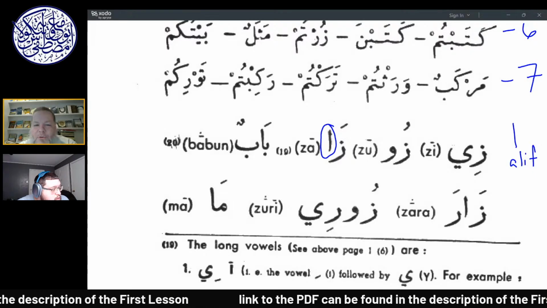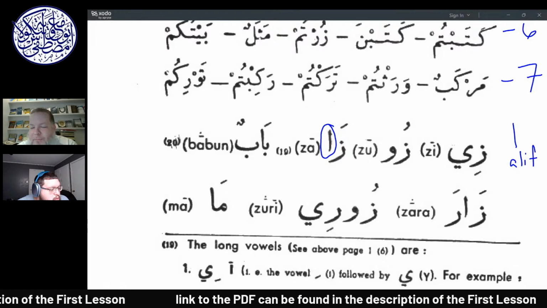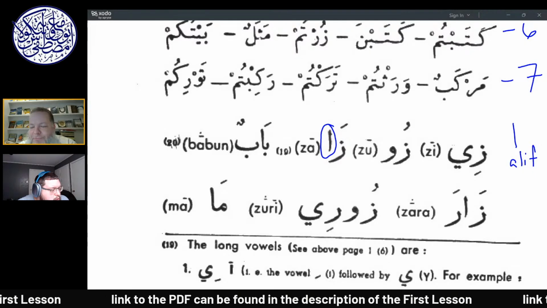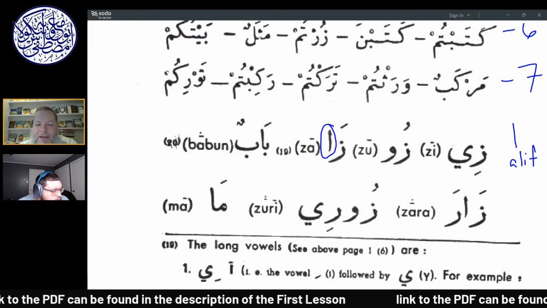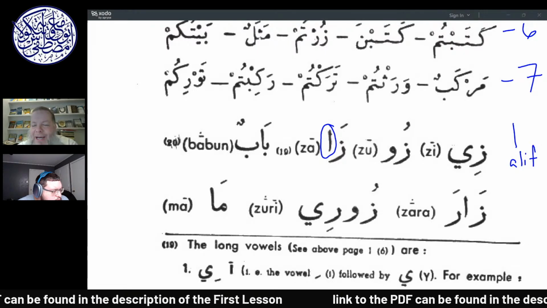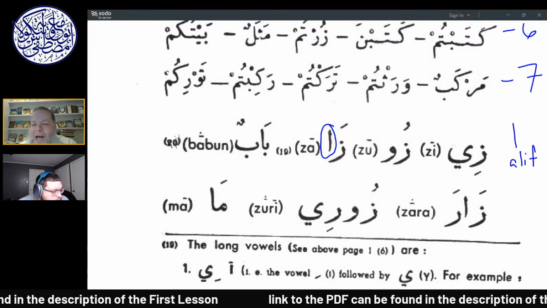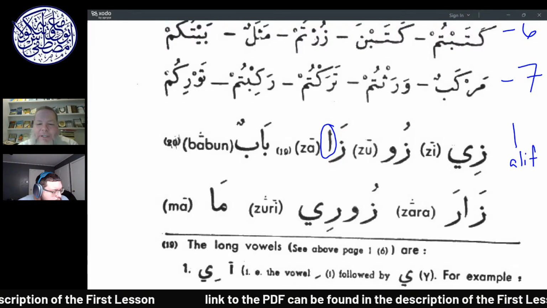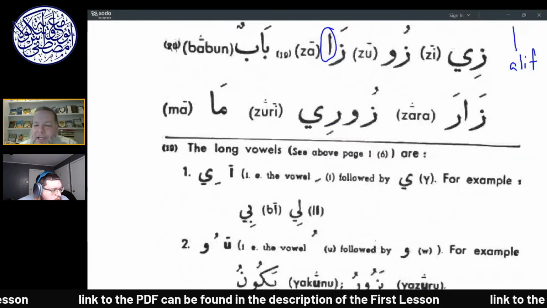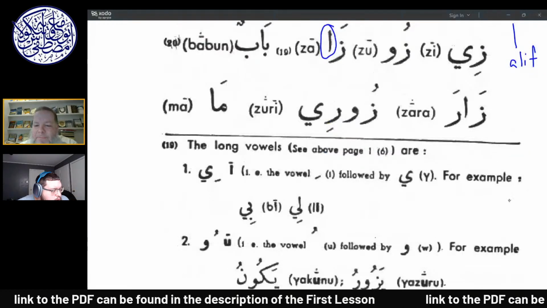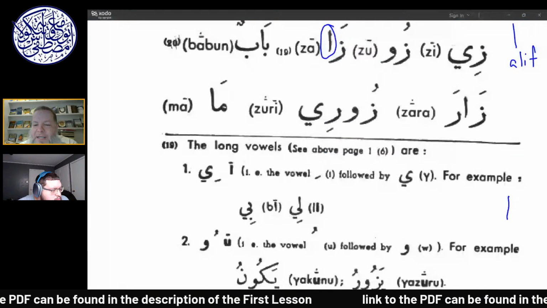It's only going to make a sound if you do something to it, which we'll learn later on. For right now it's not going to make a sound. And just like the waw, it doesn't connect on the left. So if I was to write it by itself, it looks like this.